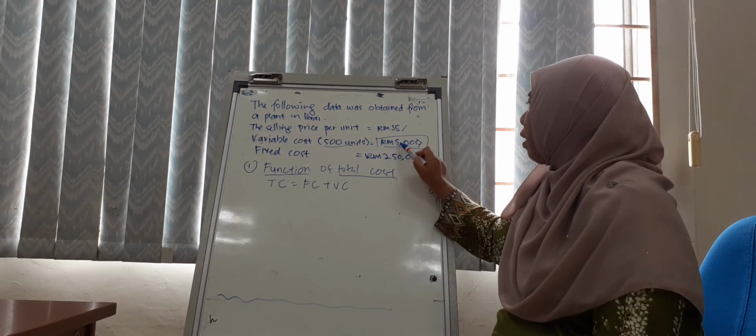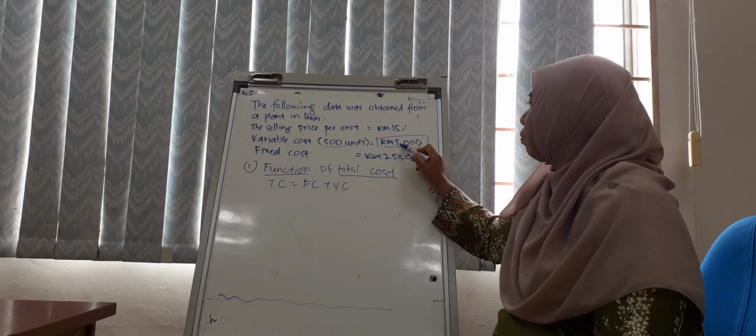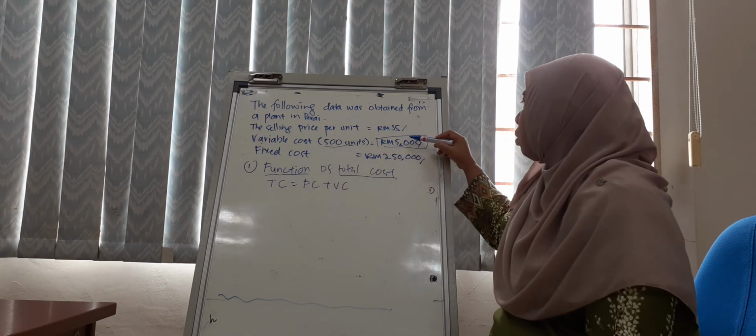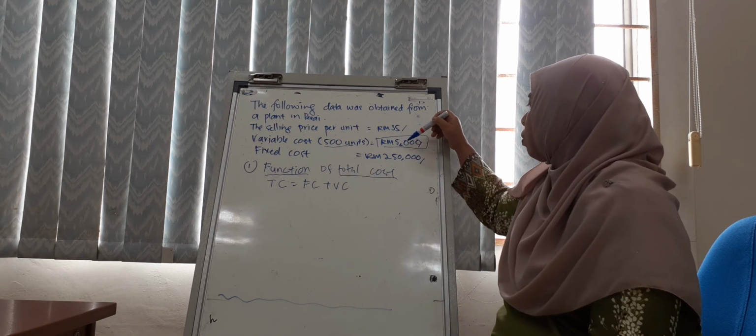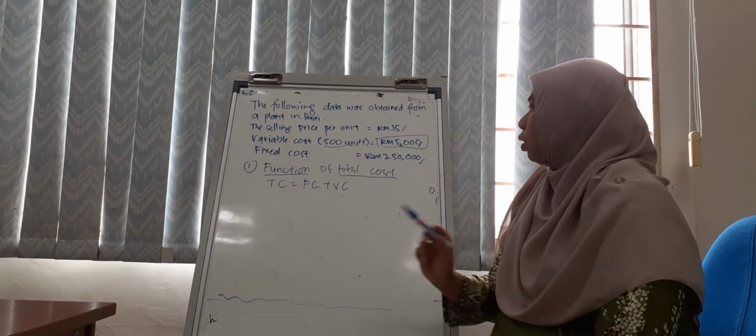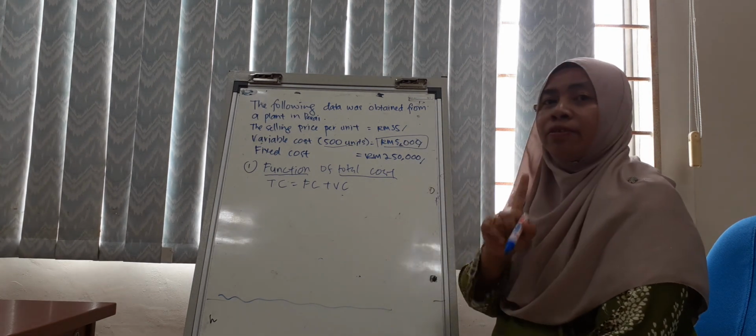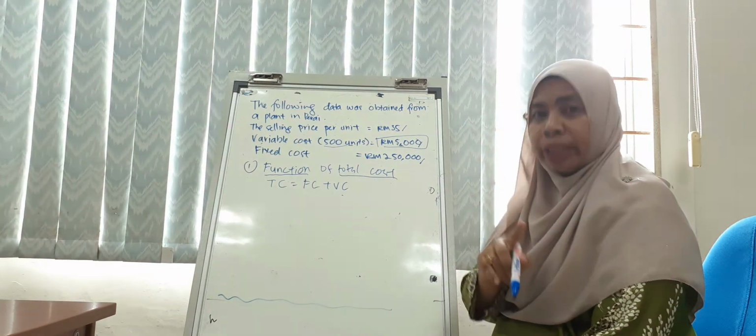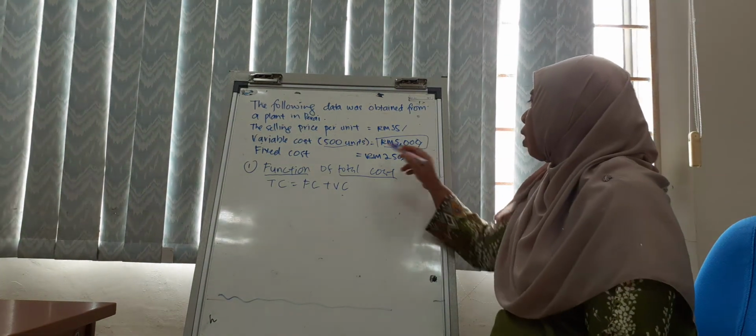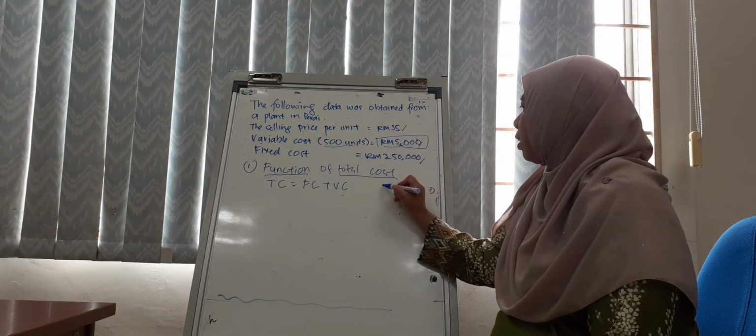So first you have to identify its variable cost. You cannot put 5,000 over here, it's wrong. You have to identify variable cost per unit.